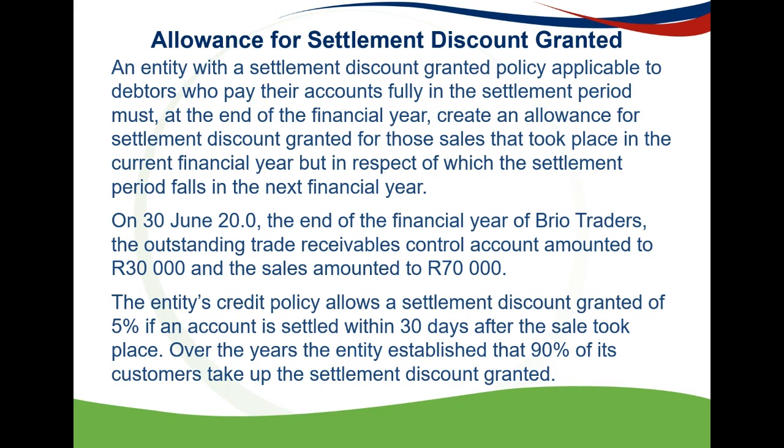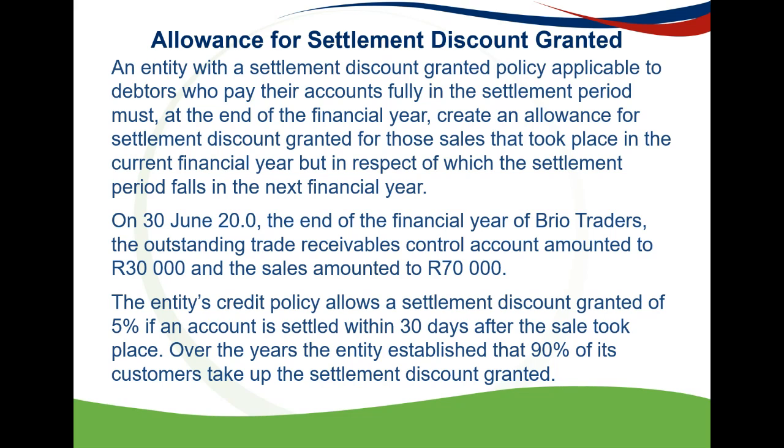Because those debtors have already bought in the old financial year, and when you prepare your financial statements, you must indicate that your sales and debtors are actually going to be less, because those debtors will actually pay you less because they're going to get a discount. You're going to provide them with a settlement discount granted.